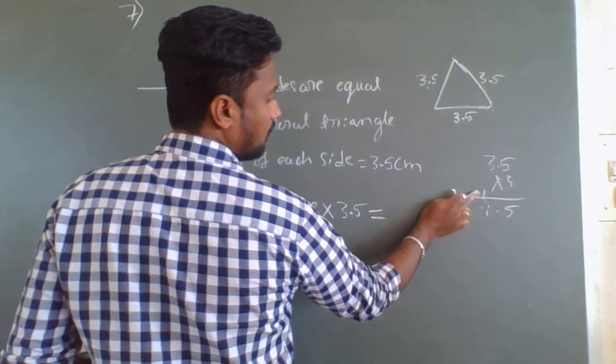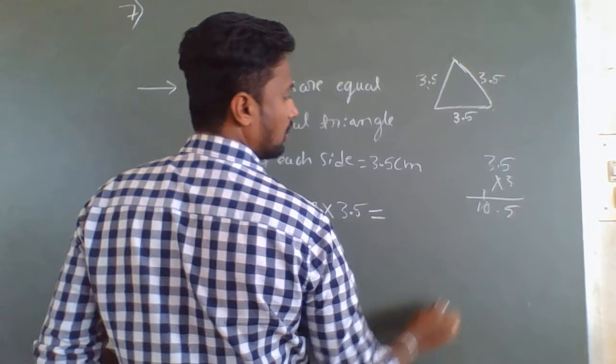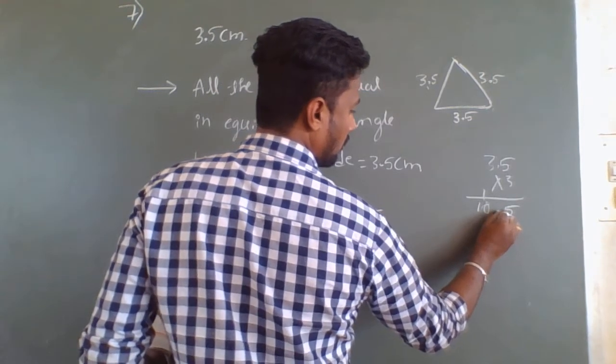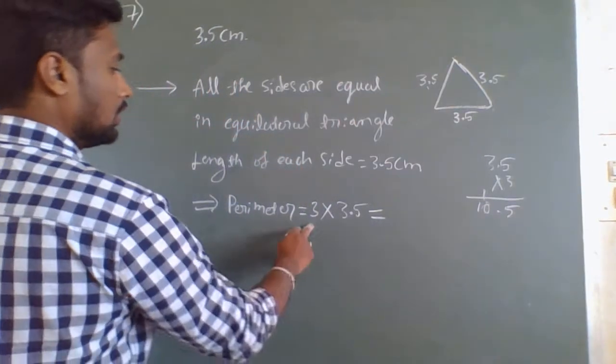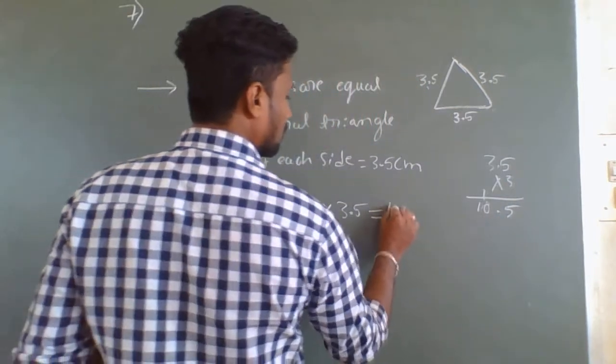Here we have one carry, so 9 plus 1, we get 10. After one digit we have the decimal point, so here also we will consider one decimal point. So we got 3 into 3.5 means 10.5 centimeter.